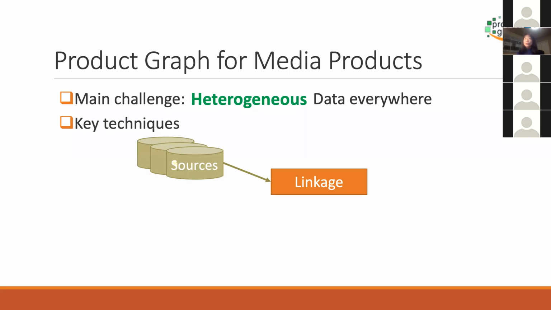And to resolve the heterogeneity, one of the most important techniques is entity linkage. In other words, we need to figure out that Allison Swift and Taylor Allison Swift and Taylor Swift are actually the same person.